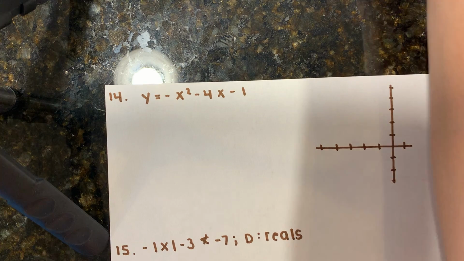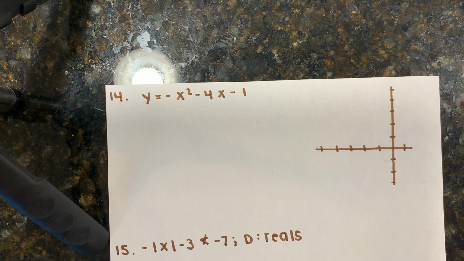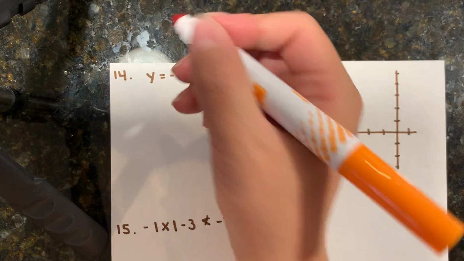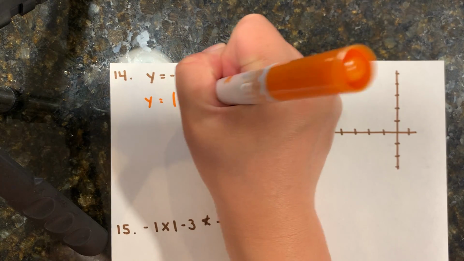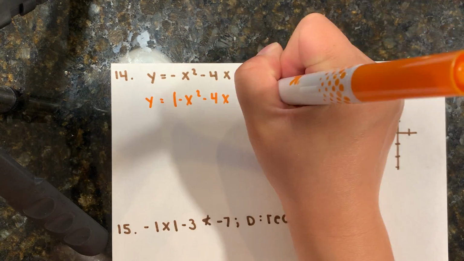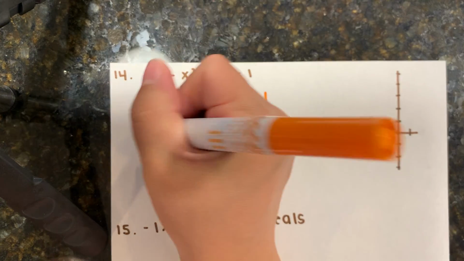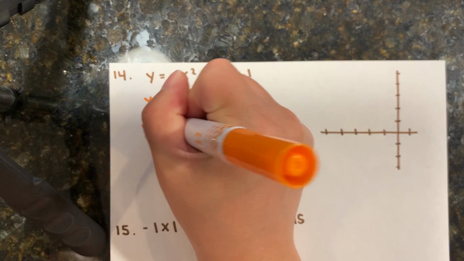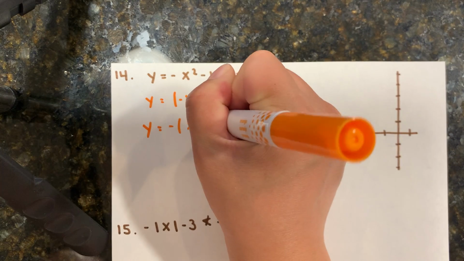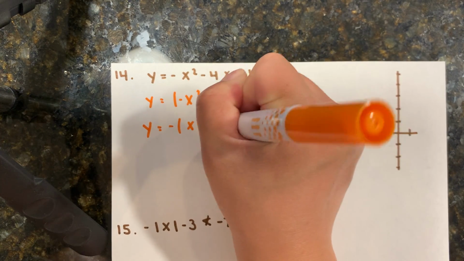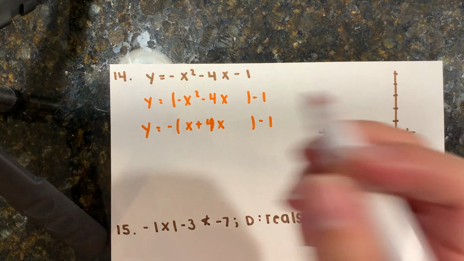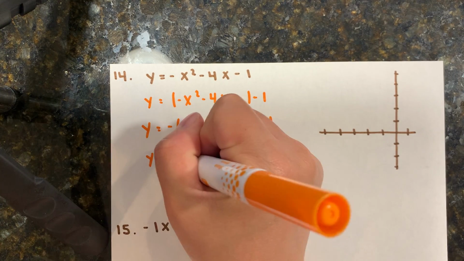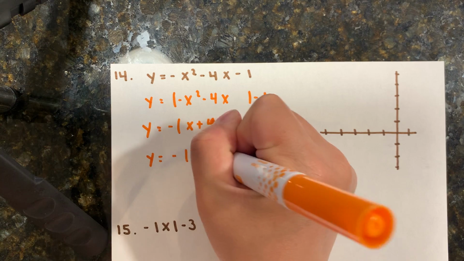So the first thing that we're going to do is put all of our x's in parentheses before we complete the square. I have to factor out the minus sign. And then I'm going to complete the square. So half of +4 is going to be +2.